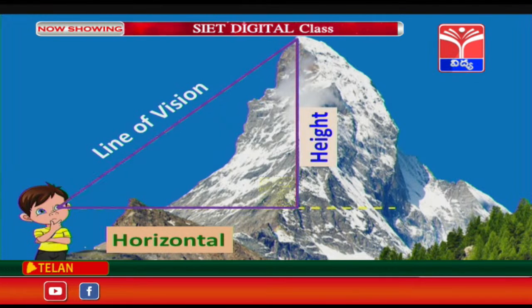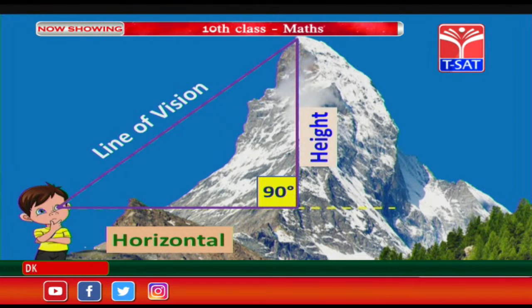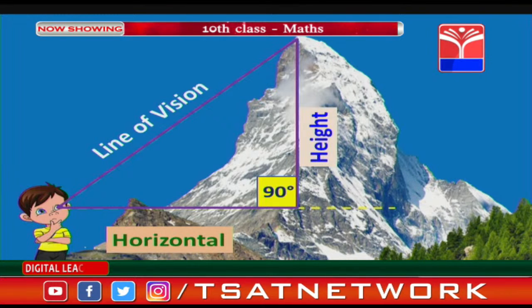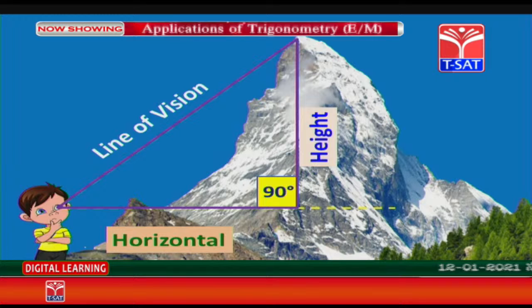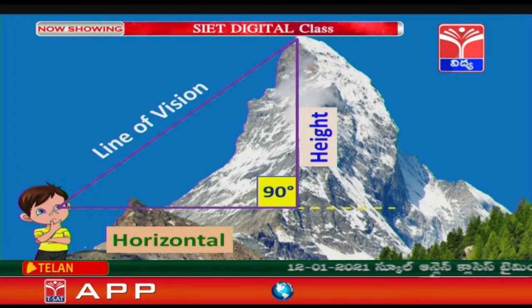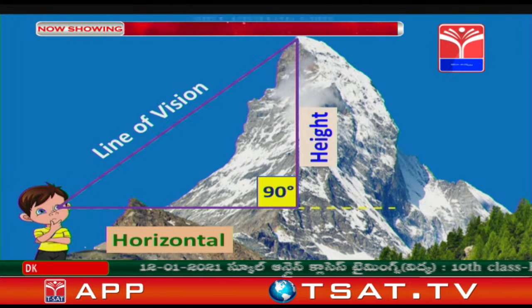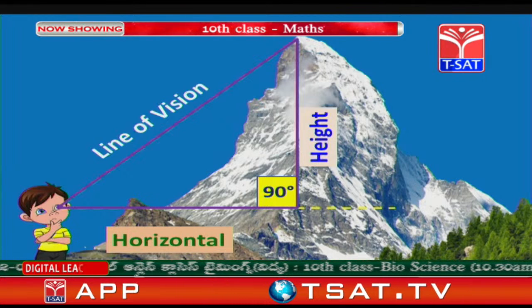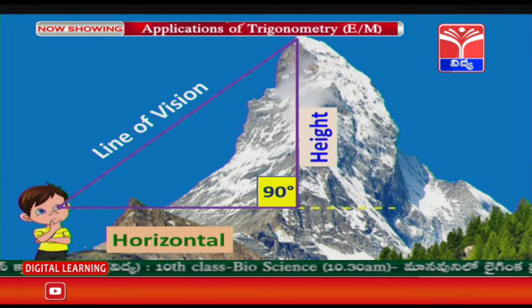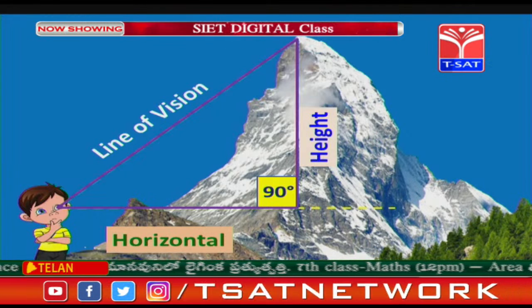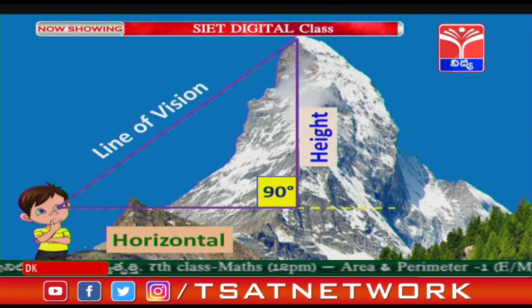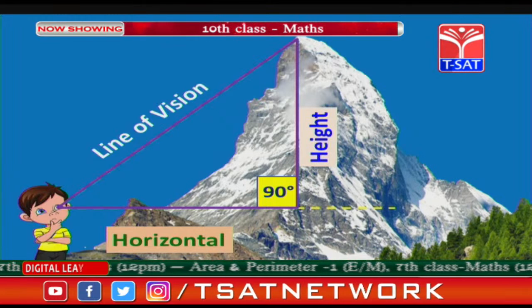If it is looking like a triangle, you are able to see that you are going to find a 90 degrees angle, that is a right angle between the height and the horizontal. Therefore, the triangle formed by the 3 lines, that is the horizontal line, height or you can say vertical line, and the line of vision, you are going to see a right triangle is being formed.